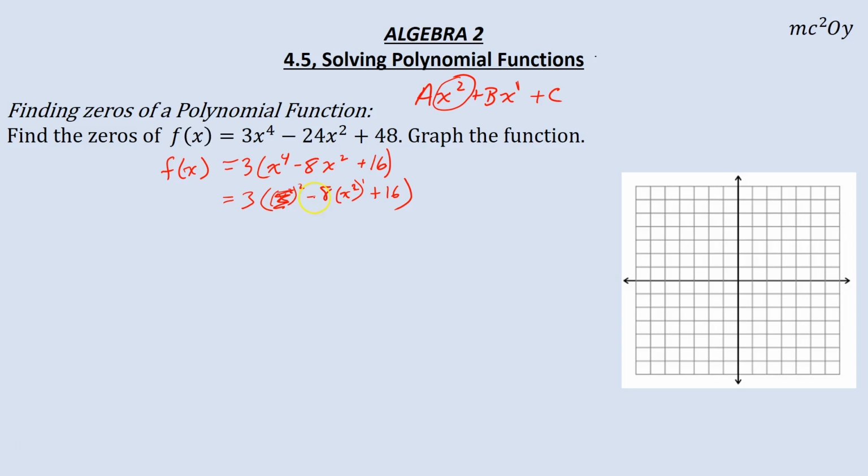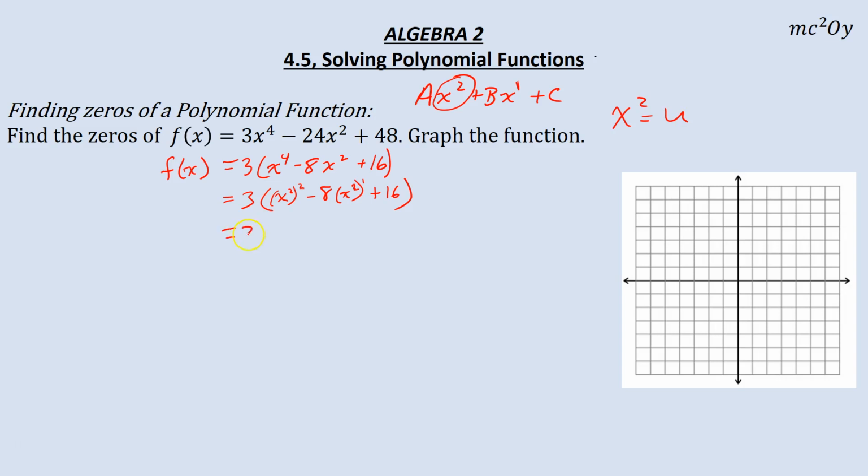If I didn't know what was in here or what was in here, I would have something squared minus 8 times something to the first. Just like I want here, something squared and something to the first. So really, I do know what's in there. We know you have x squared in there. So I'm not going to call it x squared anymore. I'm going to say x squared is equal to u.